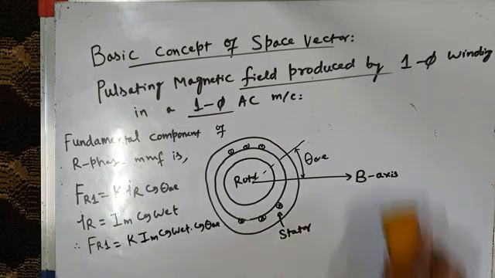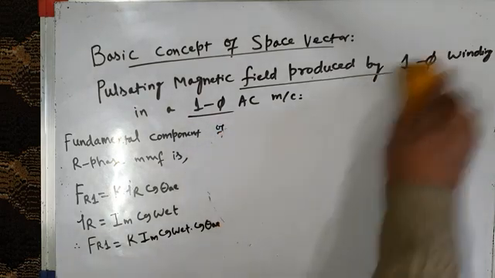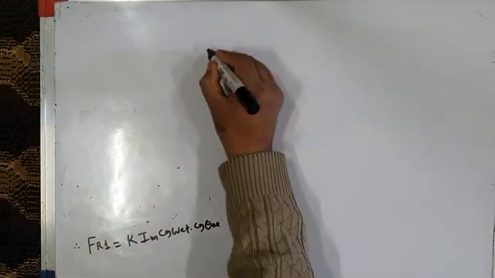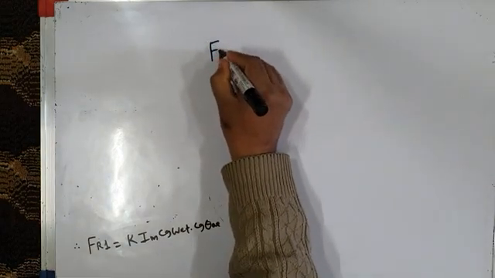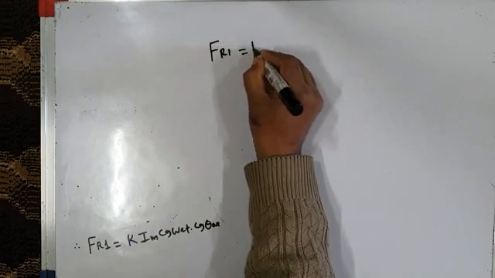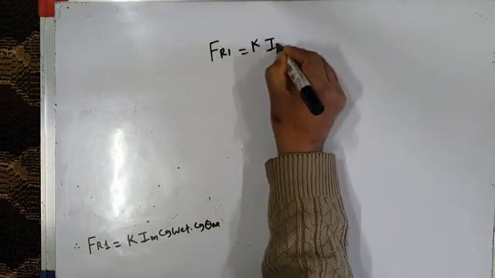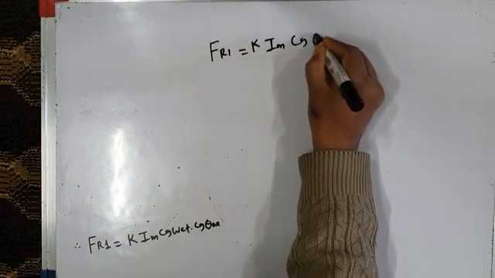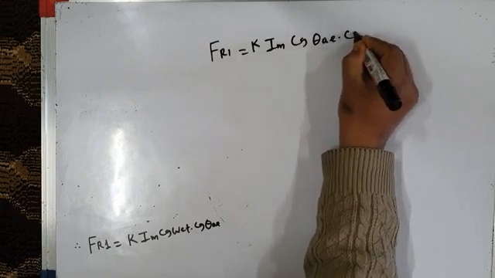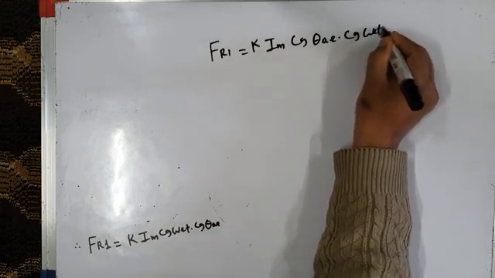Okay, so let us try to simplify this. Here I will write FR1 as K IM, with cos theta AE first and then cos omega ET.